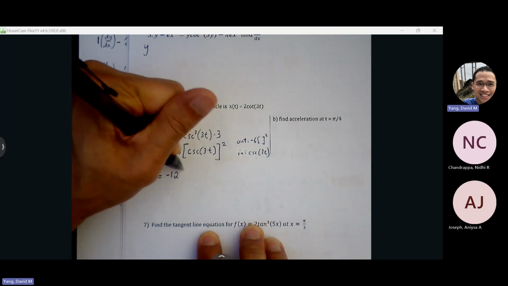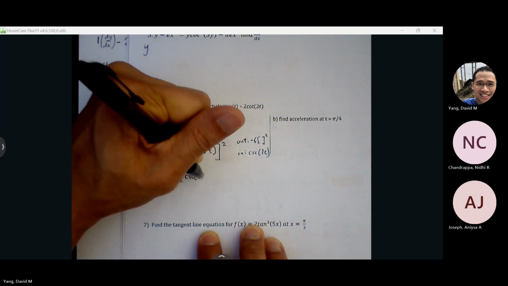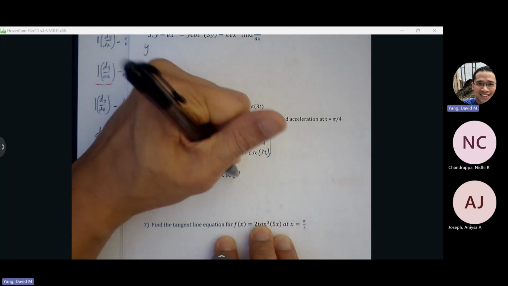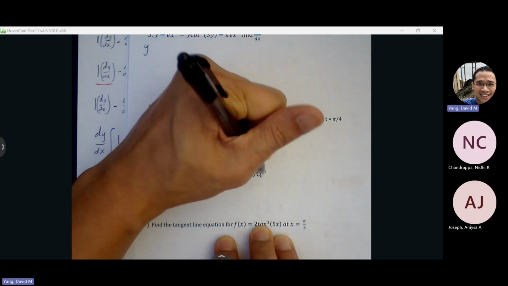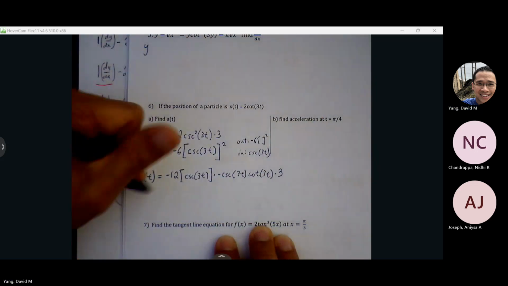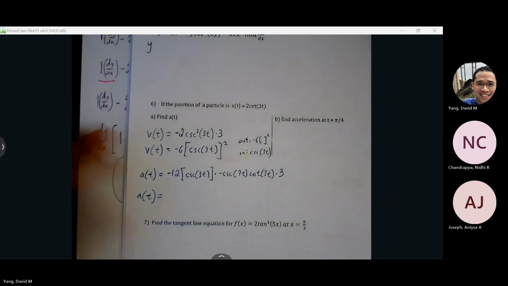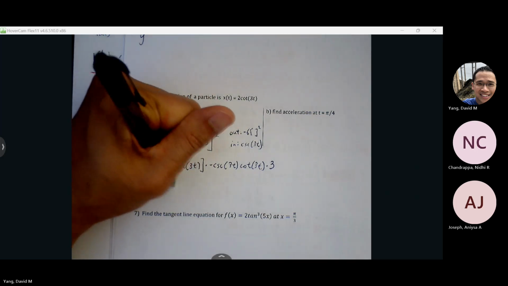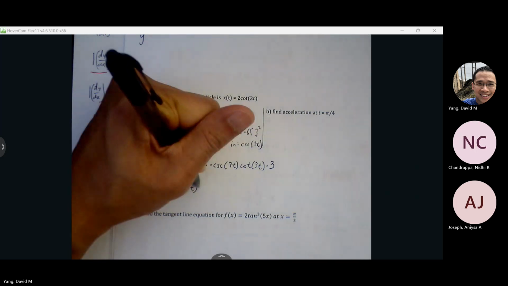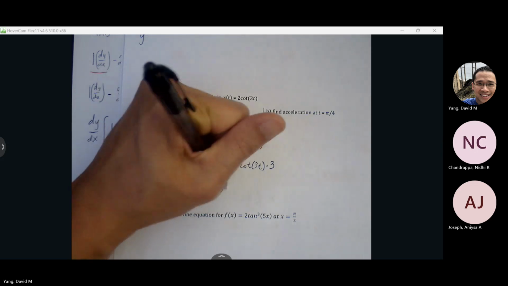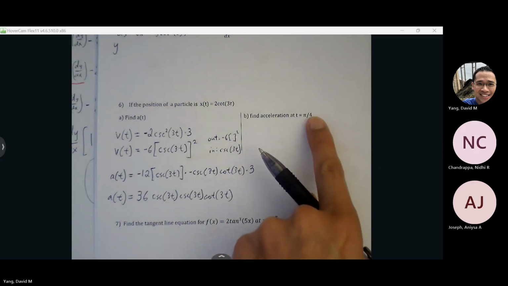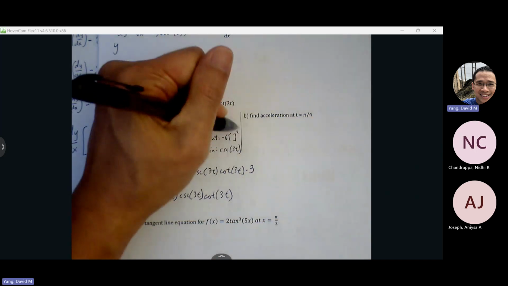Power rule for the outside. Cosecant becomes negative cosecant cotangent times u prime. Replace every t with pi over 4.